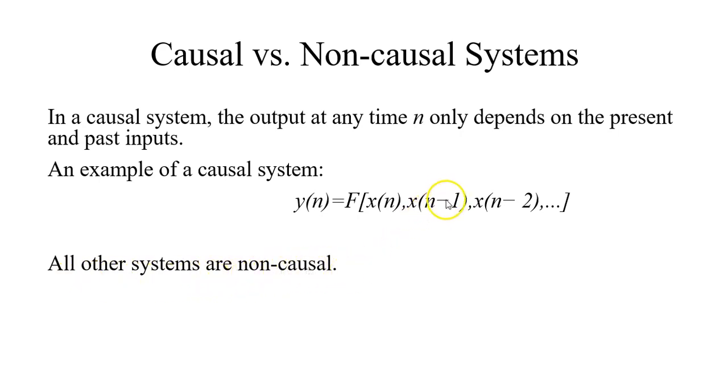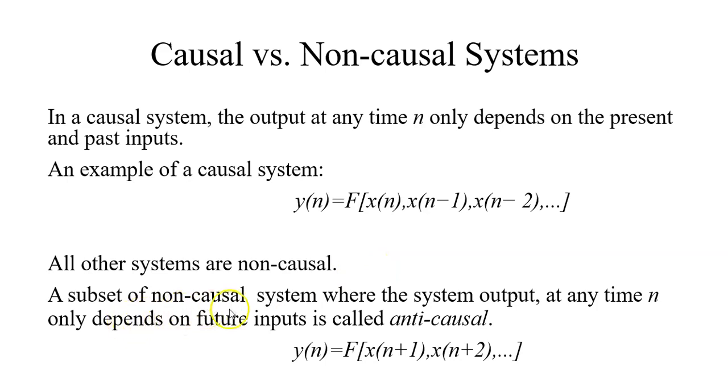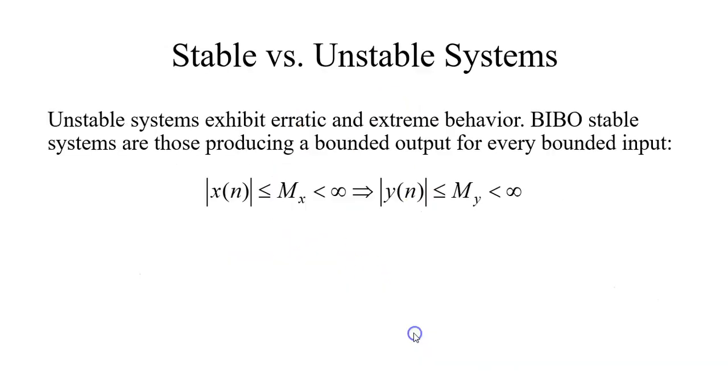If we have plus here or any shift to future values, it means the system is non-causal. A subset of non-causal systems, where the system output at any time n only depends on future inputs, is called anti-causal. Anti-causal means we have only future. But if we have a mix of minus and plus, past and future, it will be non-causal. So in this case, we have 3 types: causal, non-causal, and anti-causal.